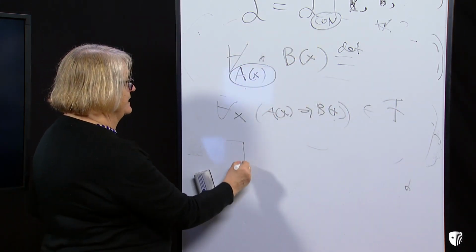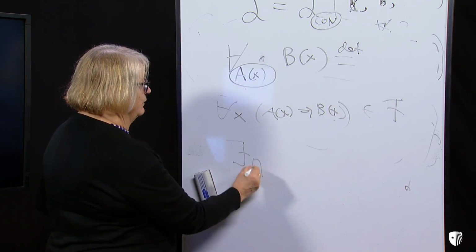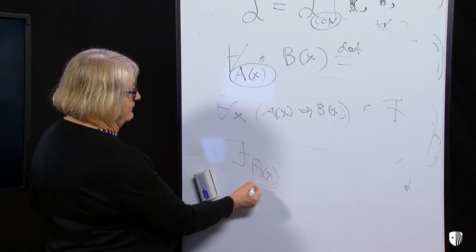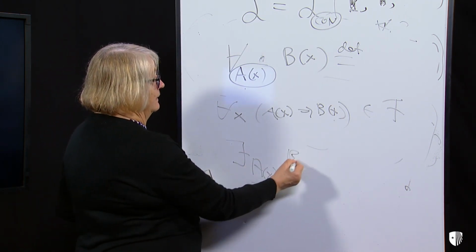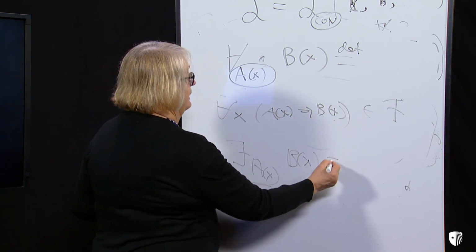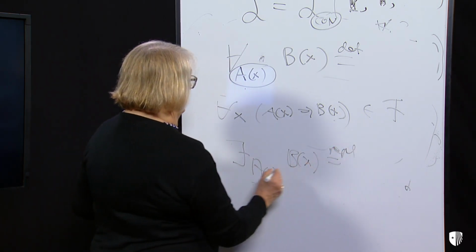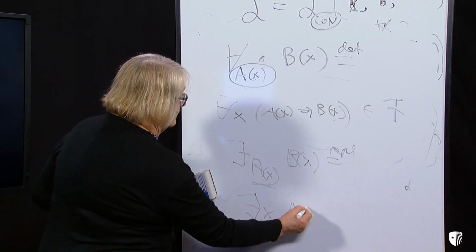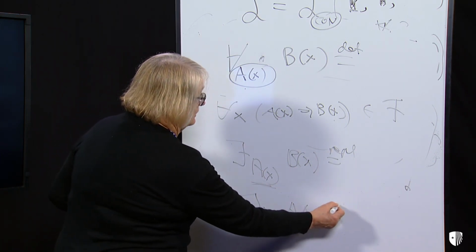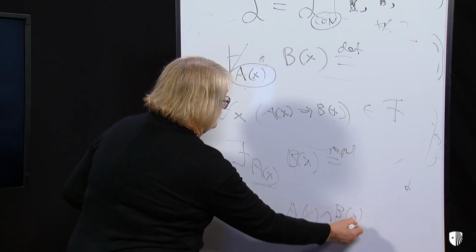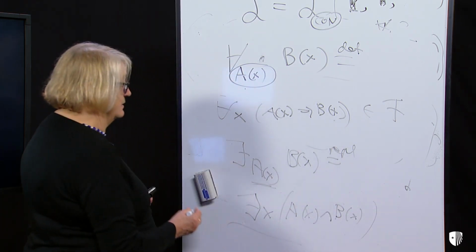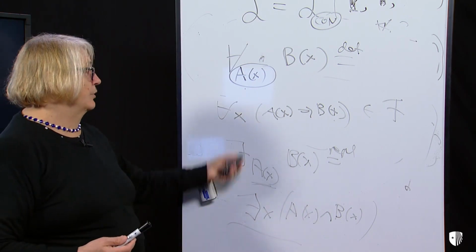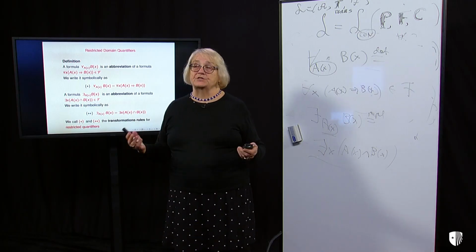And for the existential quantifier, which has its restriction given by this formula, we replace it by: there is x, A(x) and B(x). Now this is already a proper formula. So it is just a replacement.